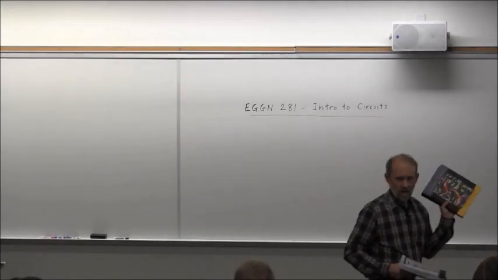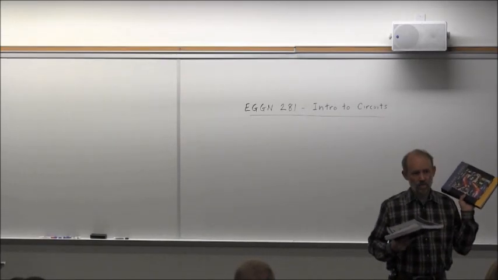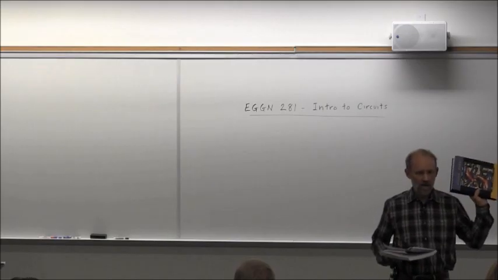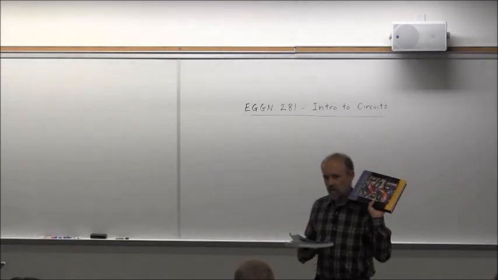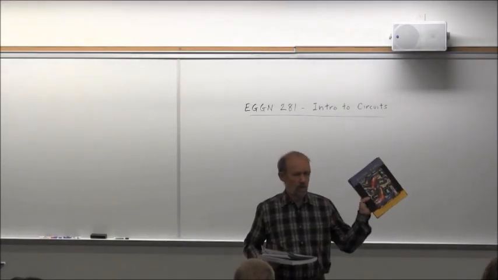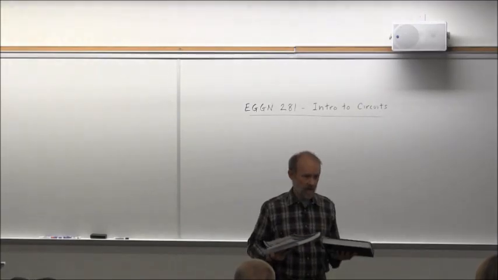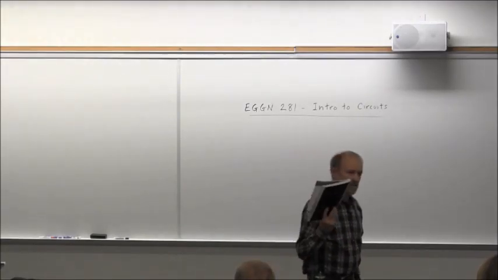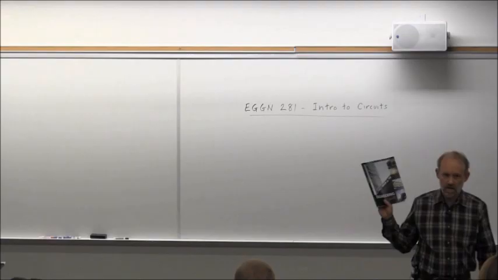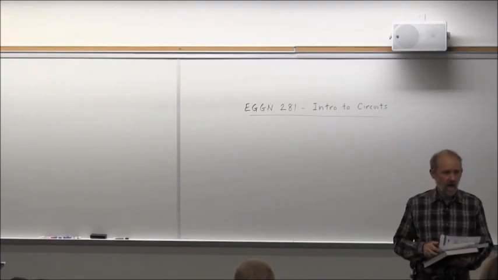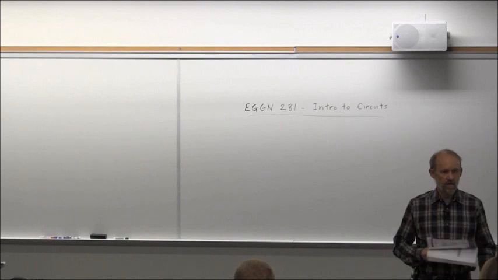I do want to emphasize, if you are an electrical major, you might consider getting the full text, because the follow-up course, Circuits 2, will then cover the remaining 9 chapters. So that's an option. The other thing I want to stress is when you purchase this text, you will need an access code to Mastering Engineering.